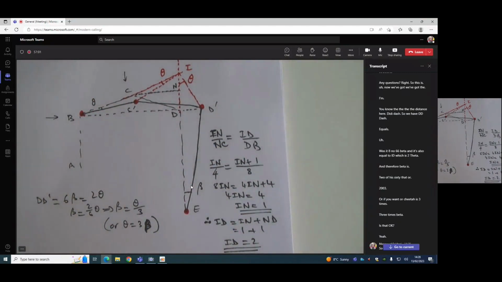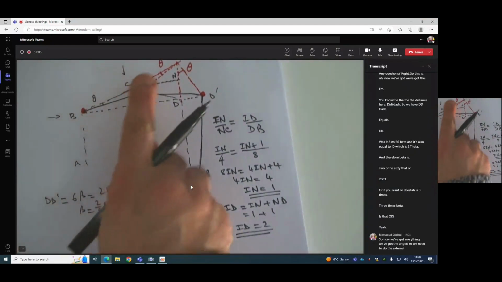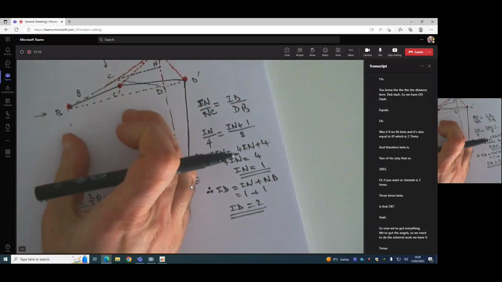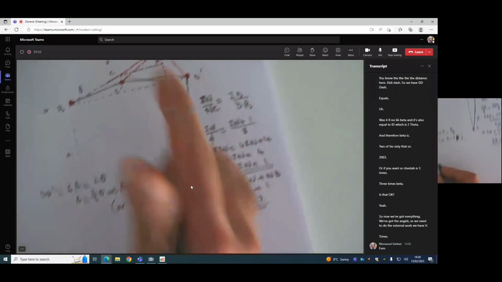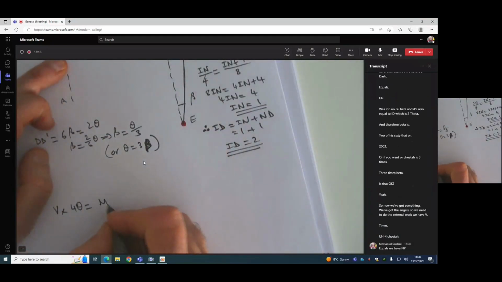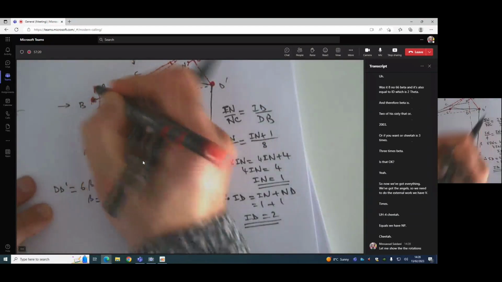So now we've got everything. We've got the angles. So we need to do the external work. We have V times 4 theta equals, we have MP theta. Let me show the rotations, the moments.